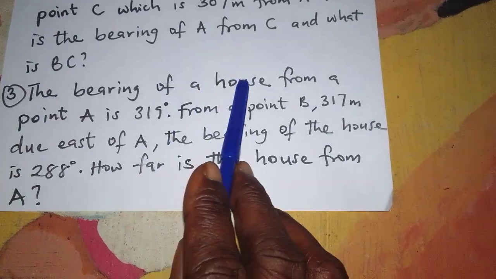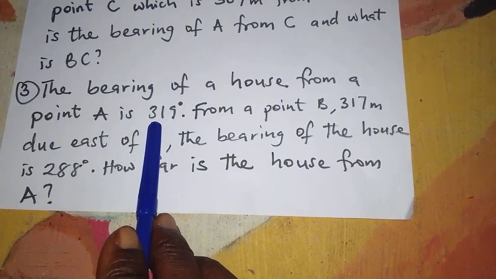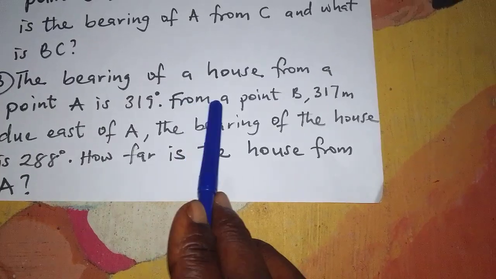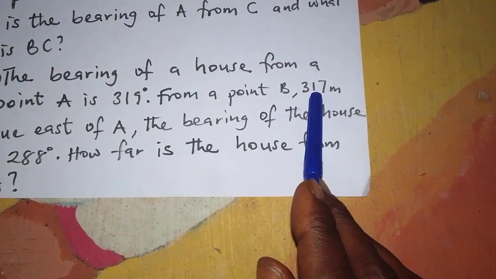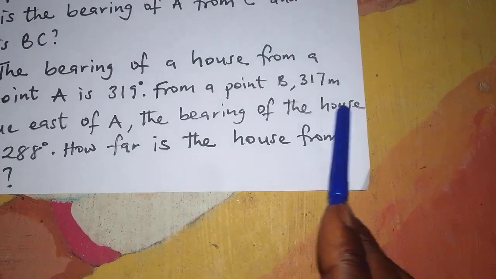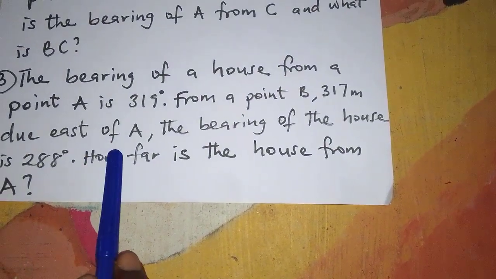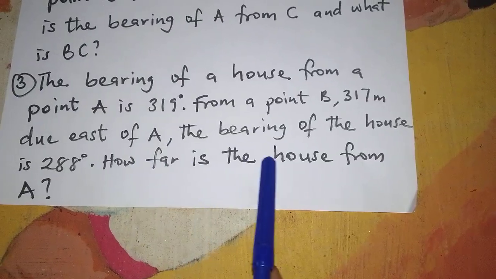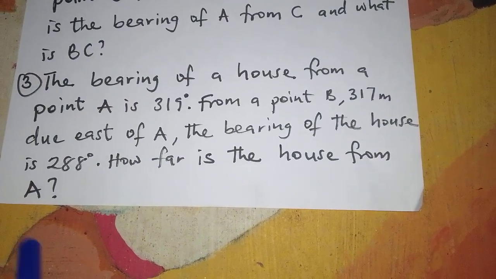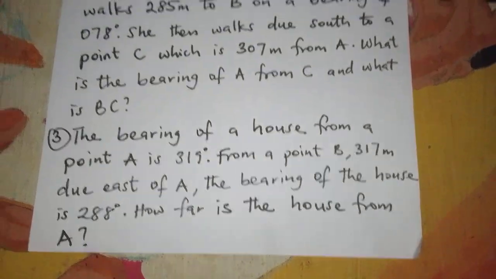Number 3. The bearing of a house from a point A is 319 degrees. From a point B, 317 meters due east of A, the bearing of the house is 288 degrees. How far is the house from A?